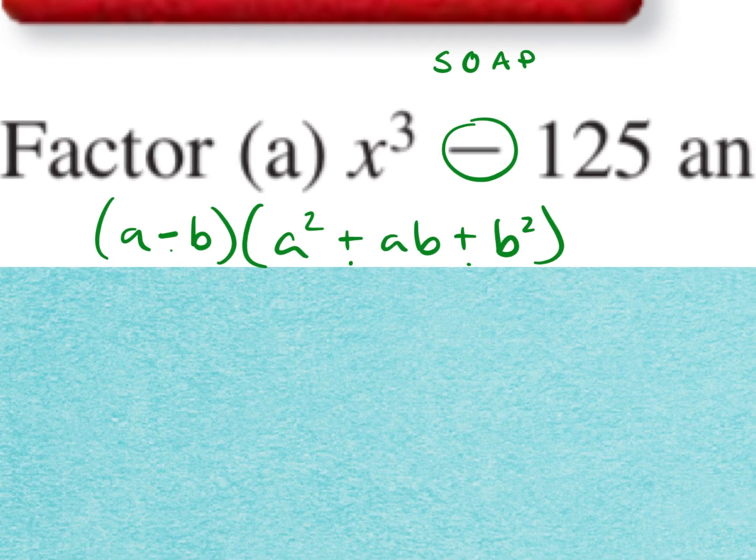Now if A to the 3rd power is X to the 3rd power, what is just A? X, perfect. And if B to the 3rd power is 125, what is just B? What to the 3rd power gives us 125? 5.